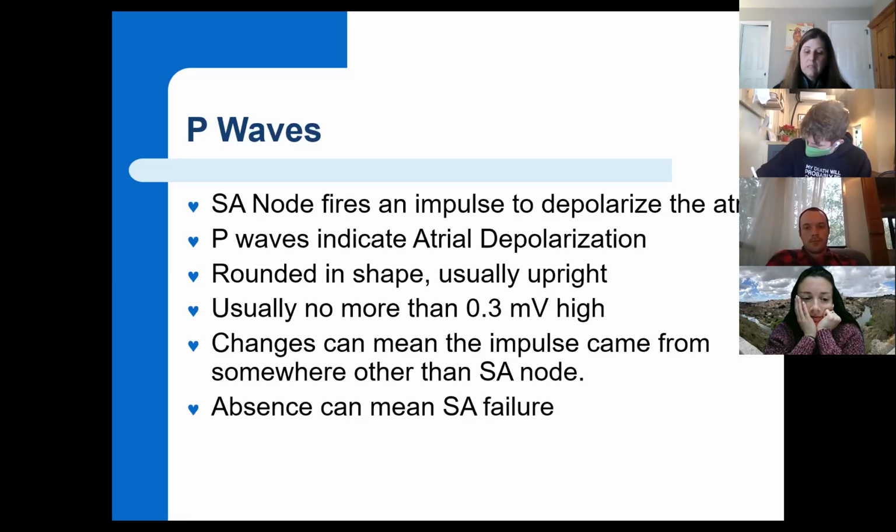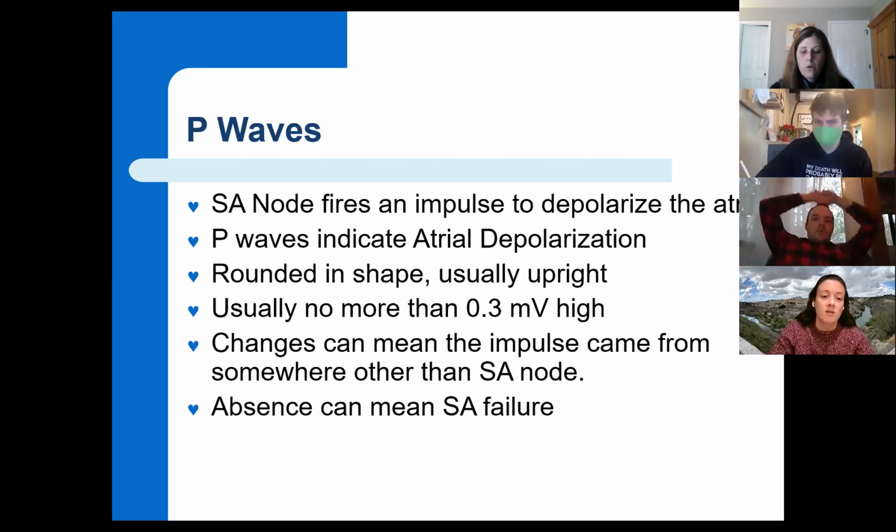It represents a stimulated state, a contraction of the atria. Typically, it's rounded and upright, not usually more than 0.3 millivolts high. So 3 little tiny squares within one of those big boxes high, not typically more than that, okay?